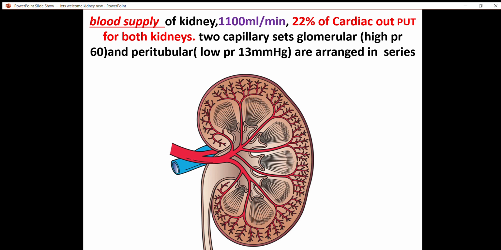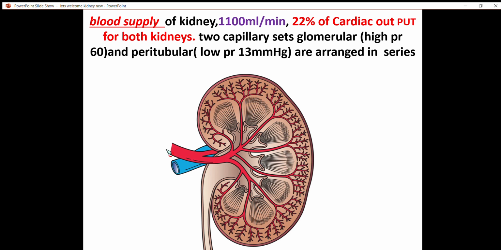Here we have the Bowman glomeruli. They are again going to divide to form another capillary set, which is known as the peritubular capillary network. I will make you understand these things in the next diagram.